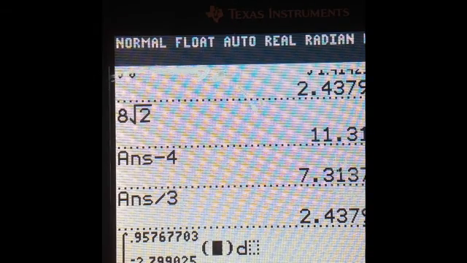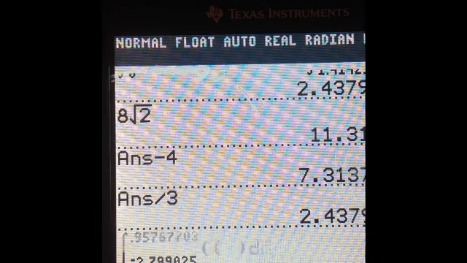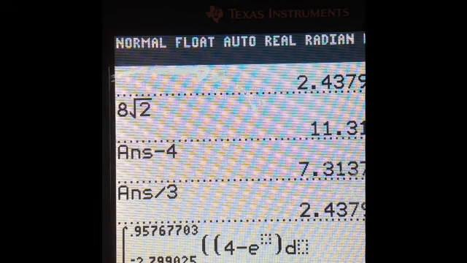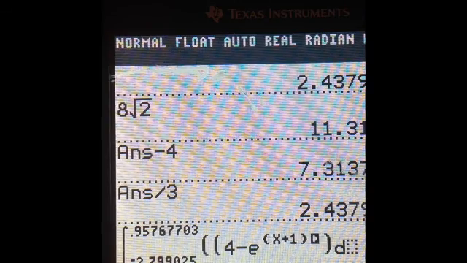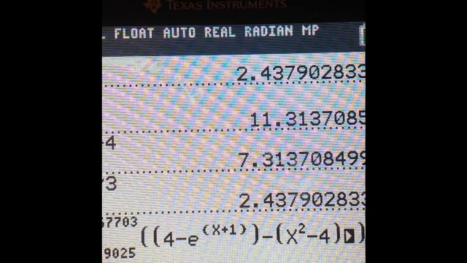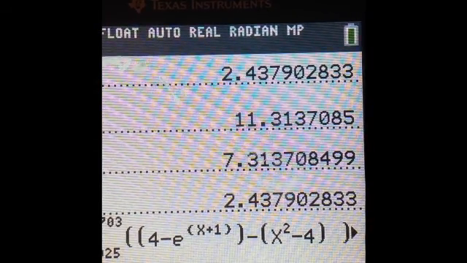And we're going to do our parentheses 4 minus, pull up your e to the x plus 1. And I'm going to close that off in parentheses, and then minus, and then I'm going to do another parentheses, x squared minus 4. So you can see how I'm doing this.